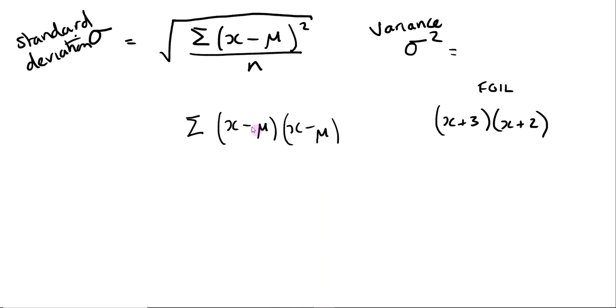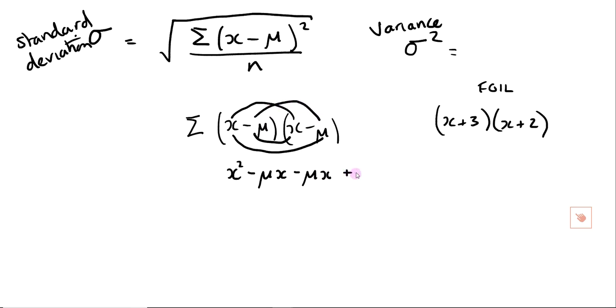When you expand this, did you do x times x is x squared? Then we've got, so that's first, outsides, so minus, however you want to do it, mu x. Insides, minus another mu x. And then lasts should be plus mu squared.